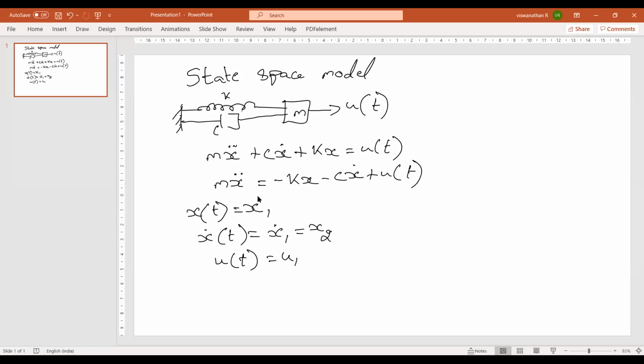So what will be x double dot of t? It will be x2 dot. This we have discussed before, so I'll just recap these things.